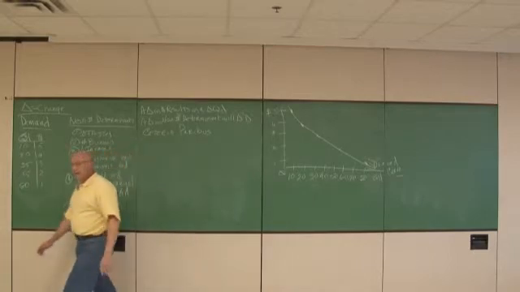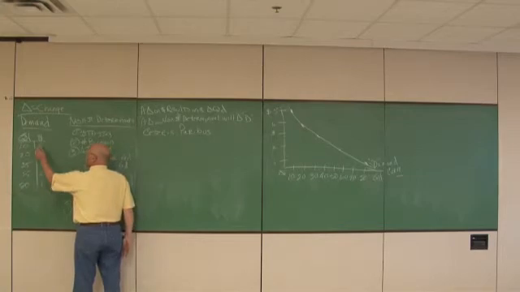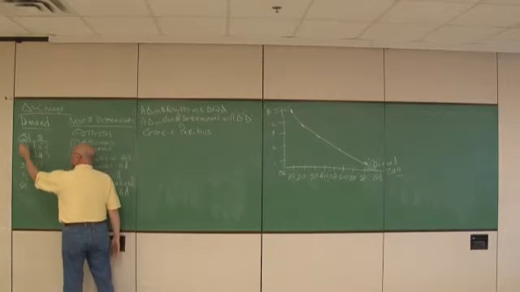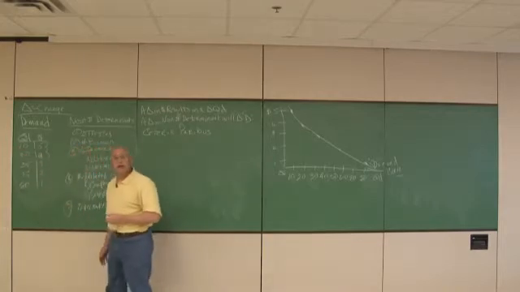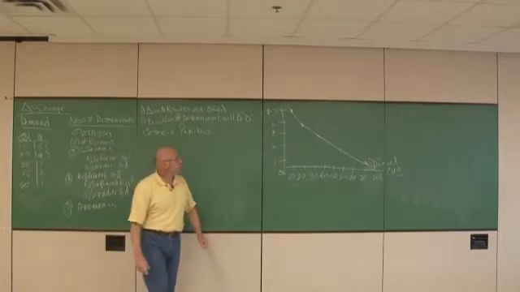If the price of a product changes in the market, if the price goes from $5 to $4, our quantity demanded changes in the opposite direction. In other words, our price went down, our quantity demanded went up.